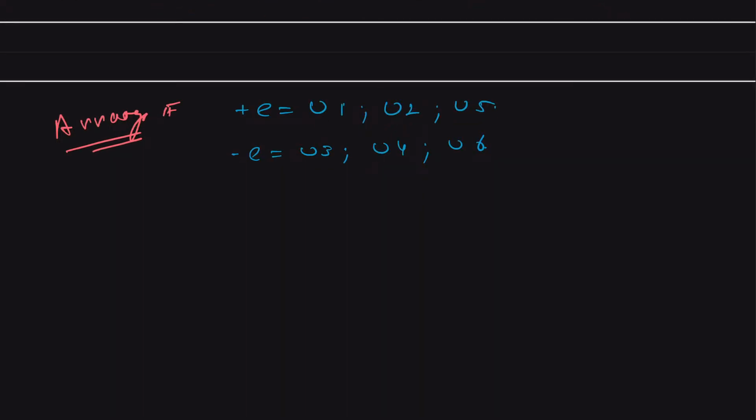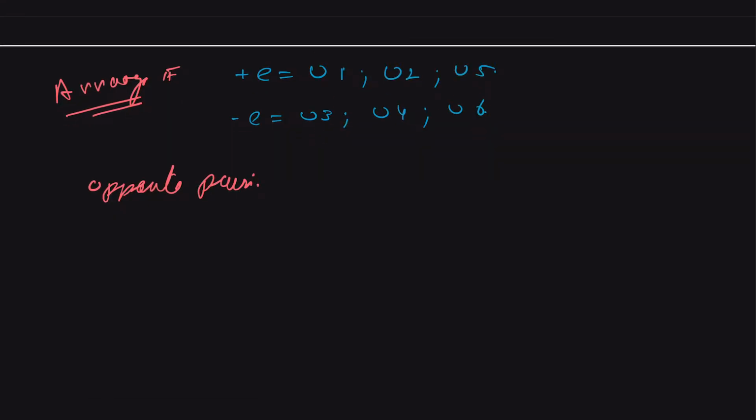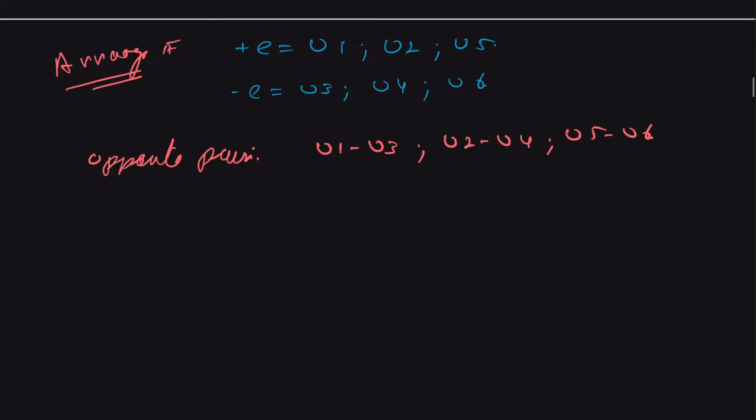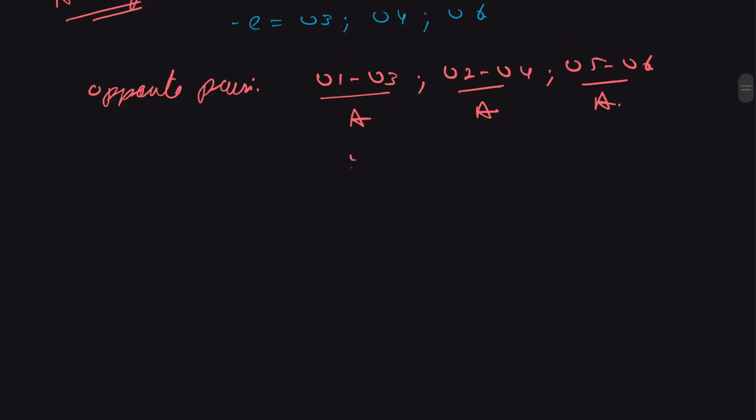Here let's find out what our opposite pairs will be. The opposite pairs will be V1, V3 and V2, V4, and V5, V6, and all these have opposite charges. So this will be attractive, this will be attractive, and this will be attractive. So in this case, we have all attractive forces.